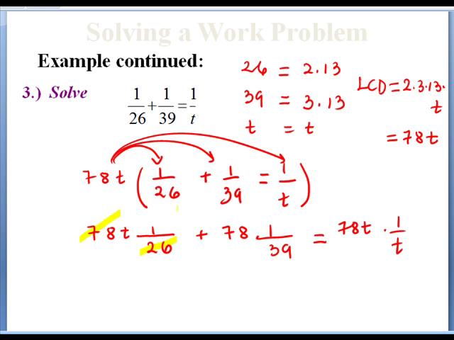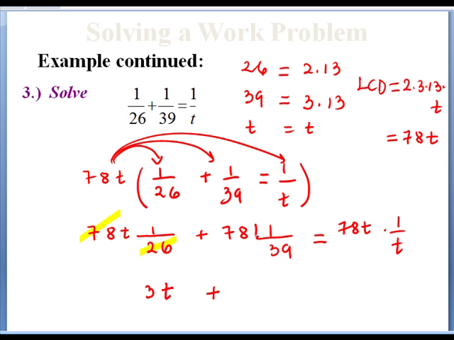I know it has to be divided evenly because this is the LCD. So in this case, we have 3t, because 78 divided by 26 is 3. And we times the t.